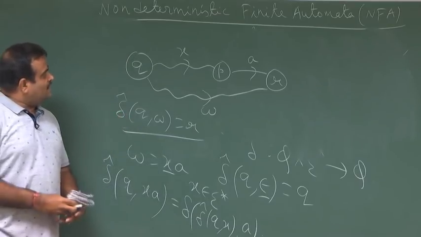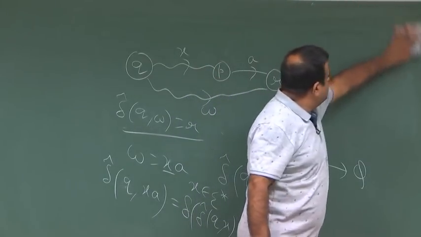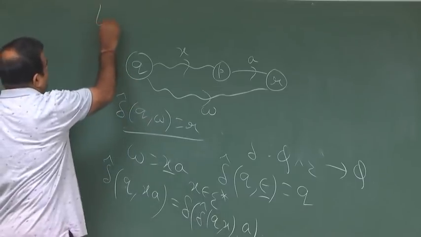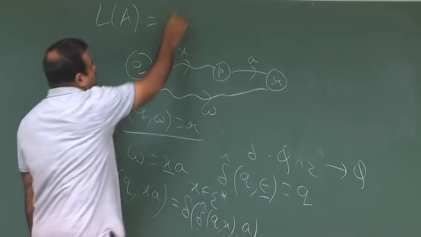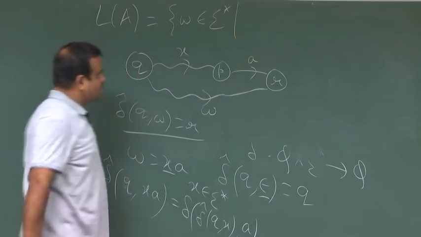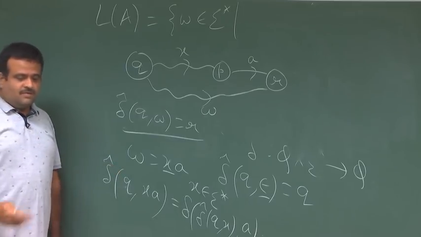Now we define the language of a DFA, that is basically L of A, which is nothing but the set of all strings such that at the end it is reaching the final state.